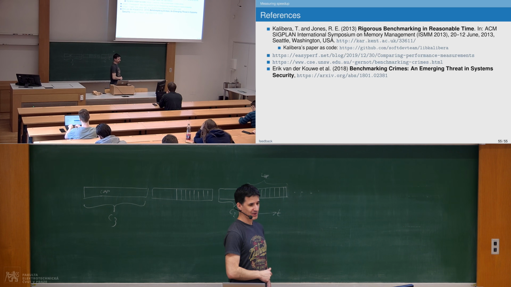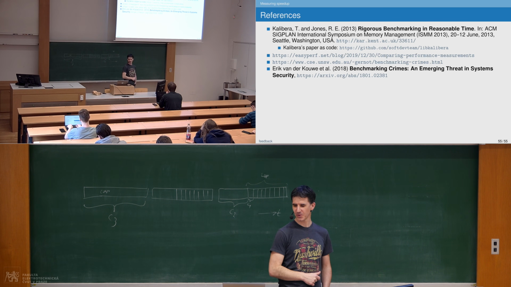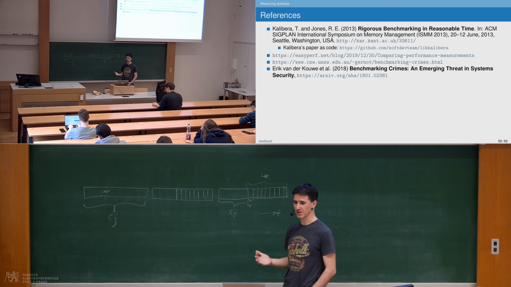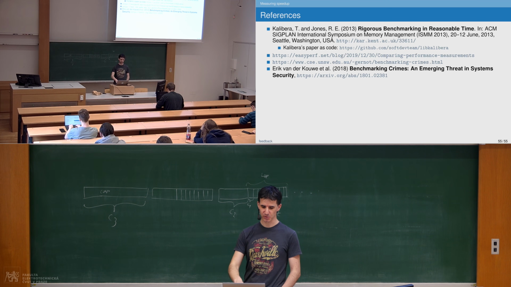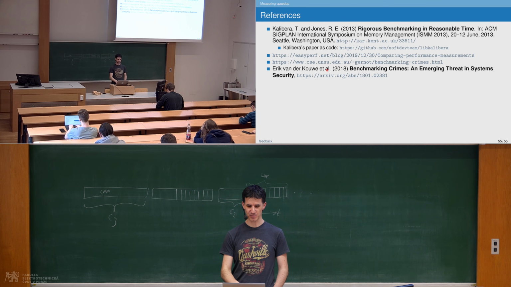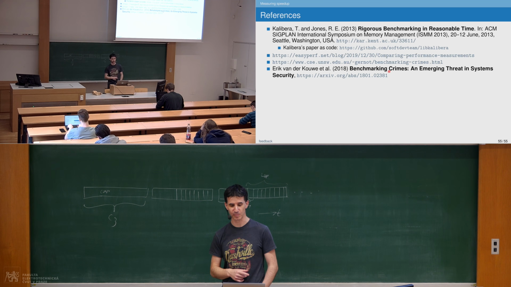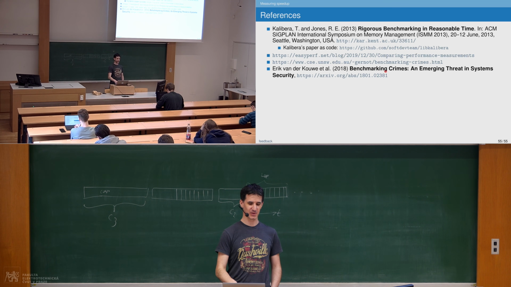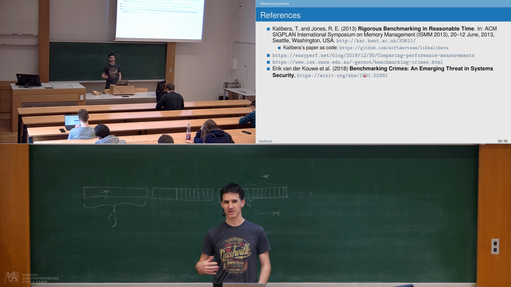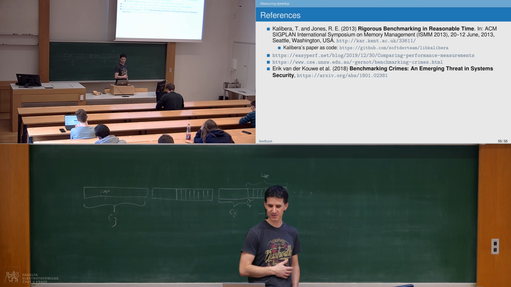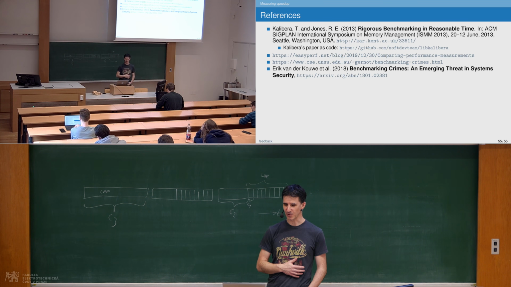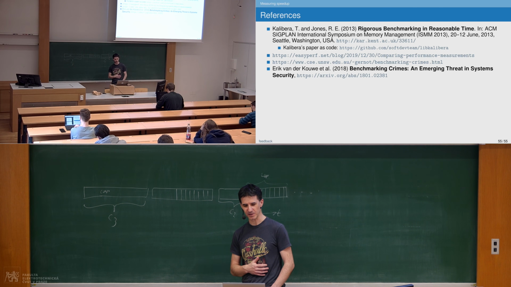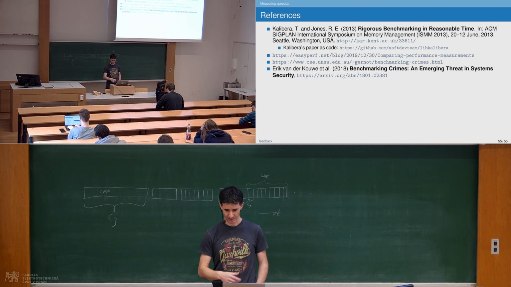If you want to write some benchmarking research papers, another good source of inspiration is a paper called Benchmarking Crimes. Students often like doing benchmarking crimes, so if you want to write a research paper, definitely look at that so that you do not commit a benchmarking crime.